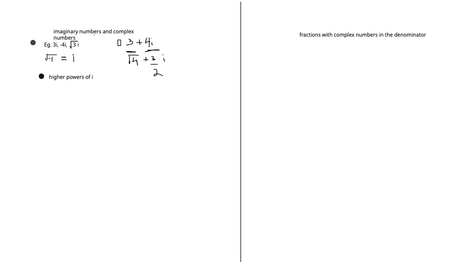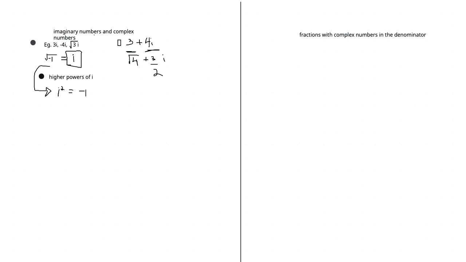Now, from this, we can deduce that i squared will be equal to what? Negative 1. Okay. i squared is equal to negative 1 because when you square this, the square root goes. So you have i squared equals negative 1.